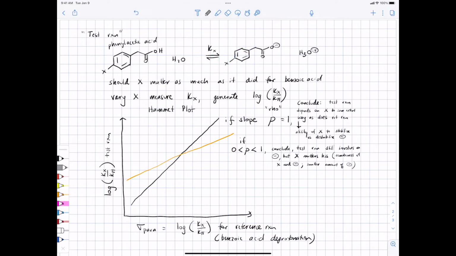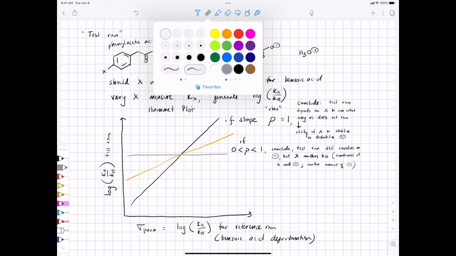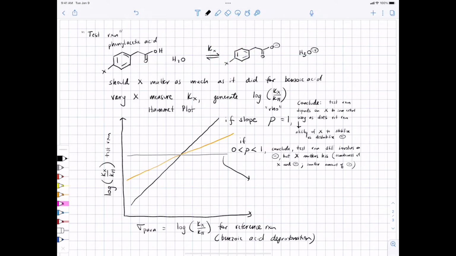In gray, we'll do an example where slope equals 0, and that tells you that the X substituent doesn't matter either, again, because of remoteness or because perhaps there's no negative charge in the transition state.